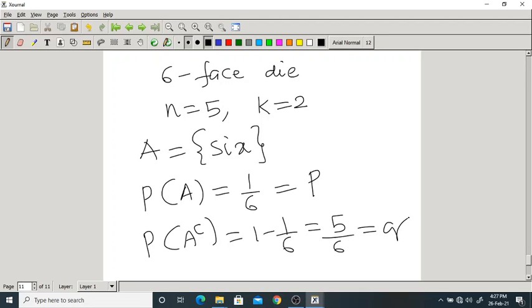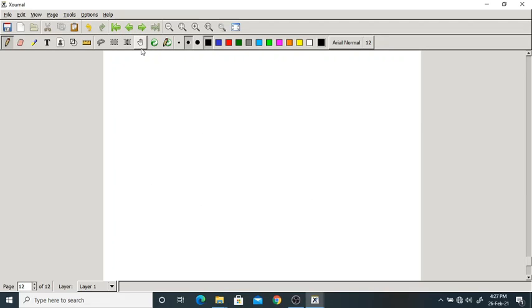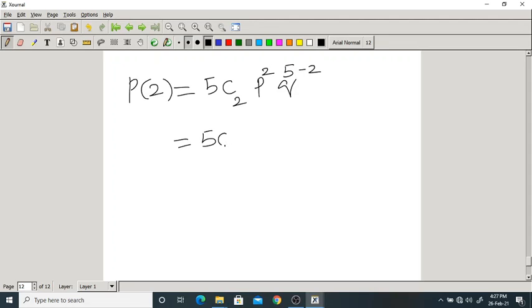So we have everything: n, k, p, q. What is the probability that 6 occurs twice? The probability of getting 6 two times is 5C2 p power 2 q power 5 minus 2, that equals 5C2 p square q cube.